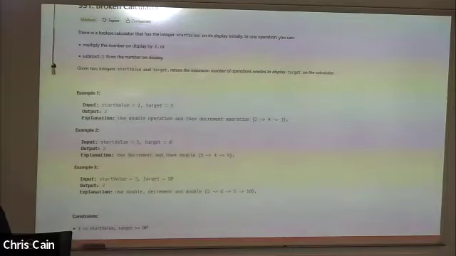Yeah. So what I'm hearing is the idea should be that we take the log of target. And I'm thinking of this right, where we just take target, if target's divisible by 2, we add it. If that's divisible by 2, we add it.